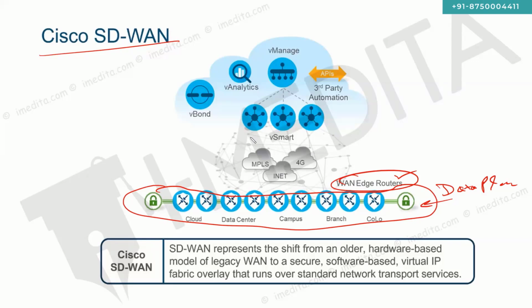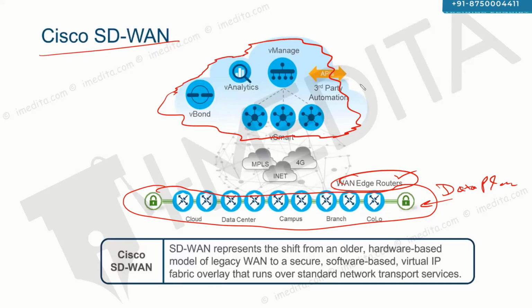But then, as I mentioned before, we have offloaded the control plane from the data plane devices, and that's where we have the centralized control plane now. So if you look here, that's the brain of your Cisco SD-WAN. You could even look at this image; it looks like a brain. All these components in the Cisco SD-WAN architecture, like vManage, vSmart, and vBond, are going to work as the brain of this SD-WAN technology.